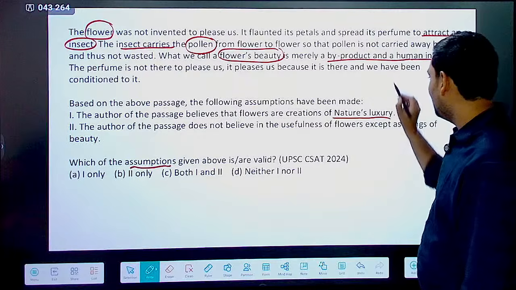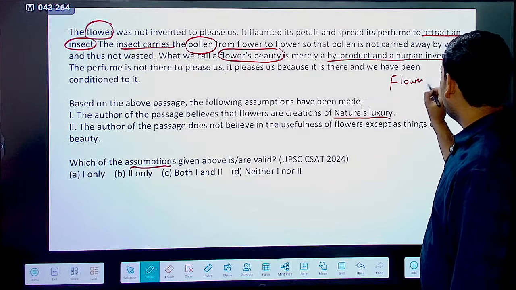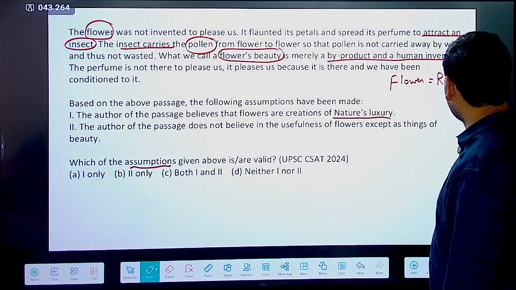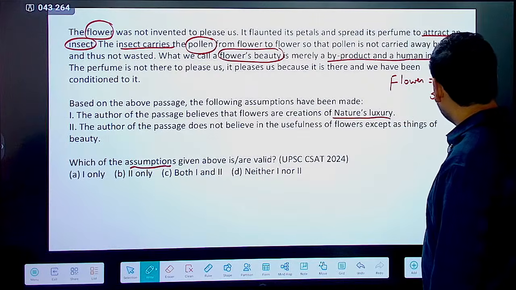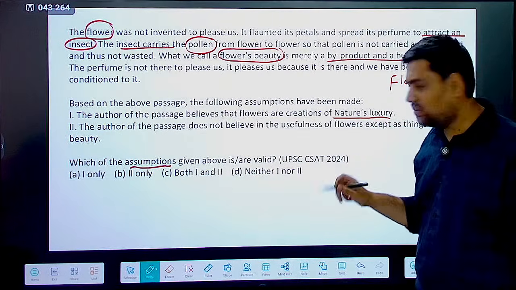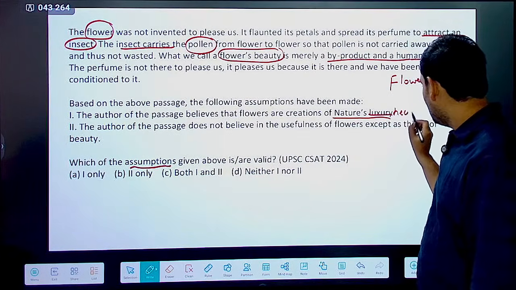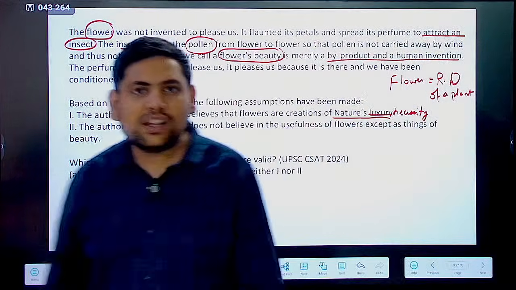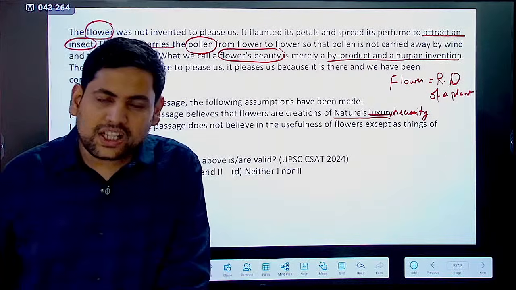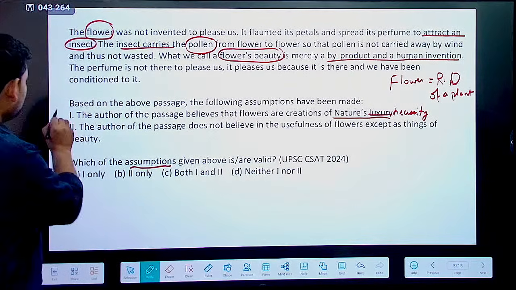What is a flower? Flower is the reproductive organ of a plant. Okay. So is it a matter of nature's luxury? No, it is a matter of nature's necessity. Otherwise, how will the plant reproduce? Reproduction is the fundamental property of any living being. Correct? So this is wrong.